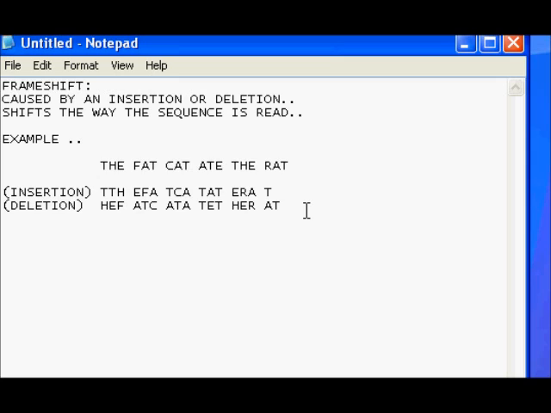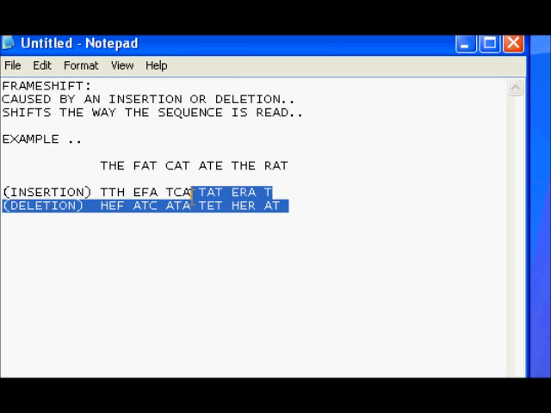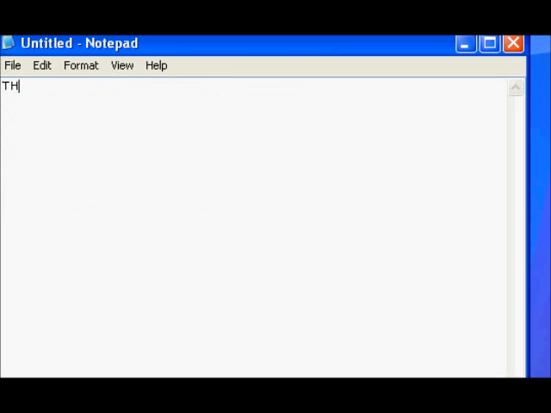Okay, so now what we're gonna do is go over the difference between what happens if a mutation happens in a body cell versus it happening in a gamete.